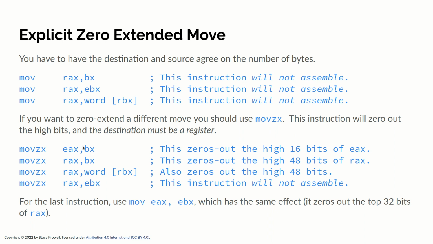If I take BX and I move it with zero extension into EAX, right? This is a 16-bit register. This is a 32-bit register. This will zero out the high 16 bits of this register. What about the high 32 bits of RAX? What happens to them? I'm not gonna tell you.